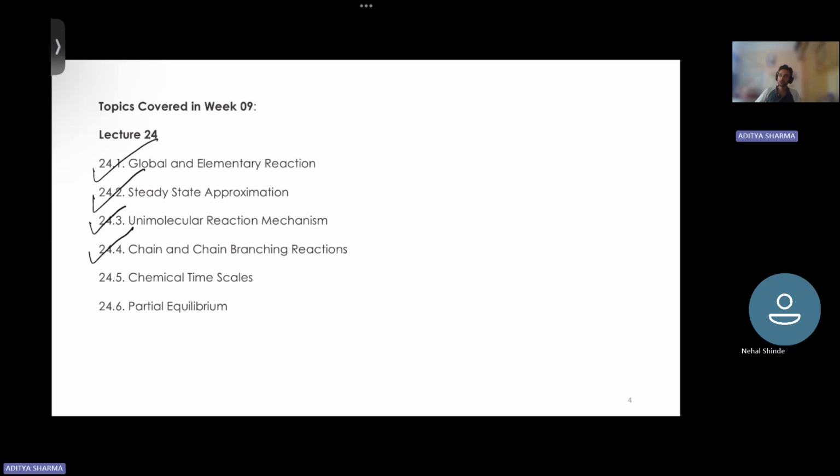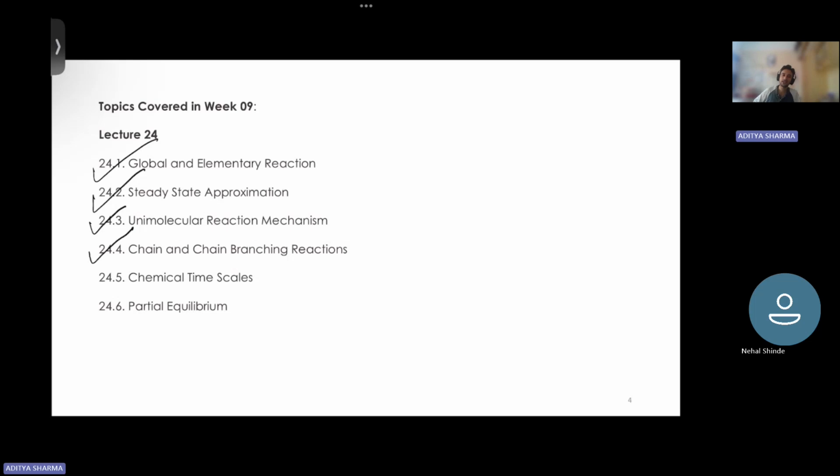Such reactions encounter chain reactions or chain branching reactions. If you see the case of a flame that is self-propagating, the self-propagation of the flame is made possible by your chain branching reactions.